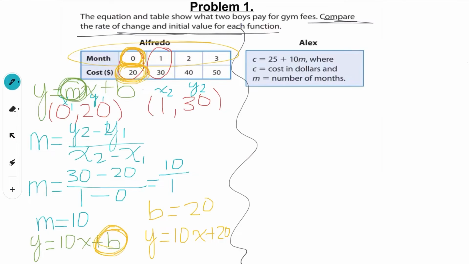They've already given us an equation. C equals 25 plus 10m. Even though we don't have the same variables, we can still compare the rates of change and the initial values. So let's start with the initial value for Alex. The initial value, our constant for Alex's problem, is 25.